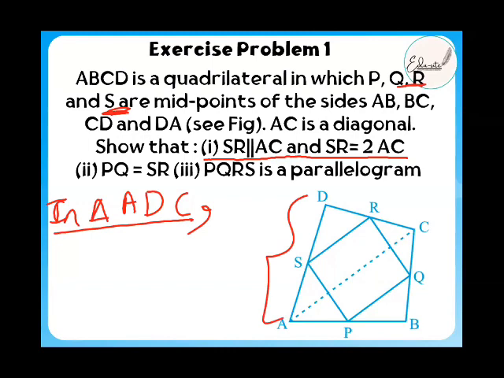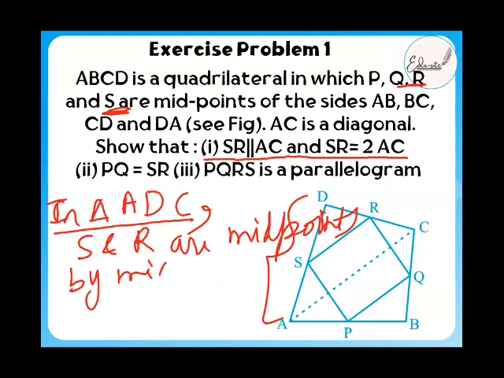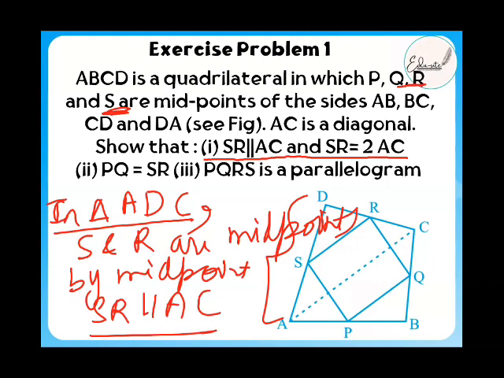Then what we can say is S and R are midpoints, right? If S and R are midpoints, then what can we prove by the midpoint theorem? By the midpoint theorem, SR is parallel to AC. Right or wrong? Right, this is parallel to this. If SR is parallel to AC, do you know what else comes into the picture in the midpoint theorem?